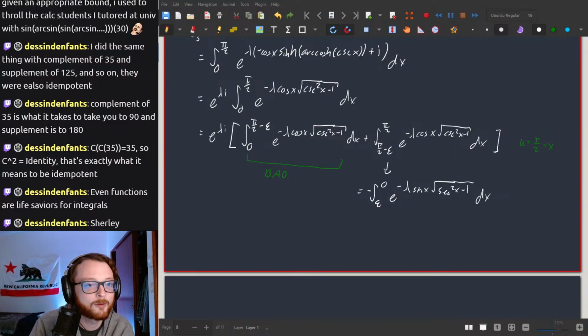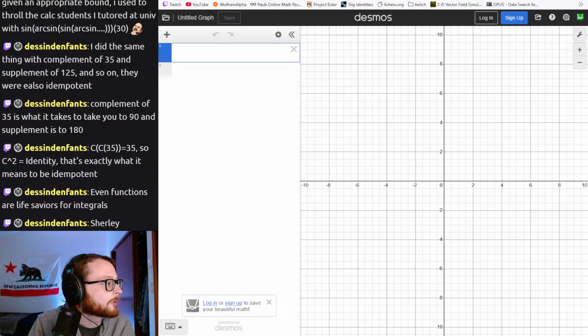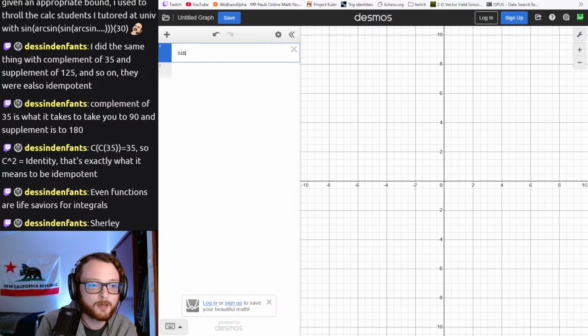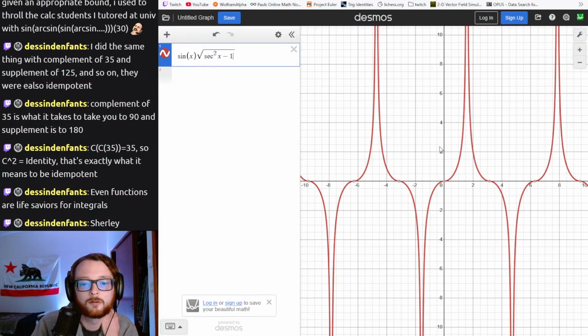Theoretically, we should be able to Watson's lemma it up now. Wait.